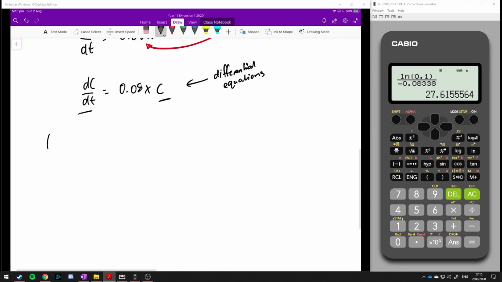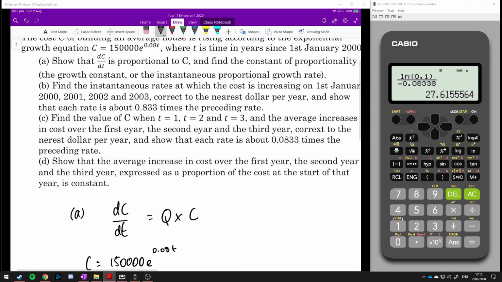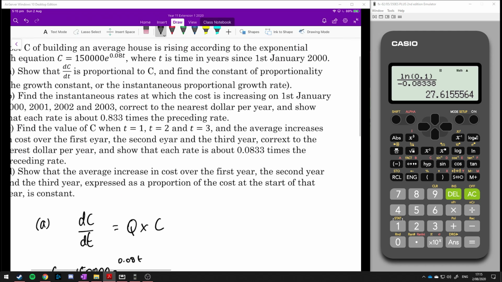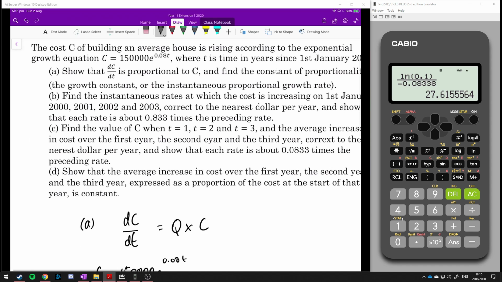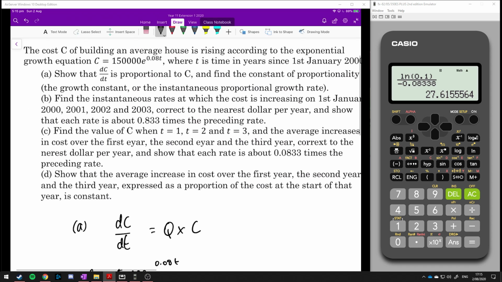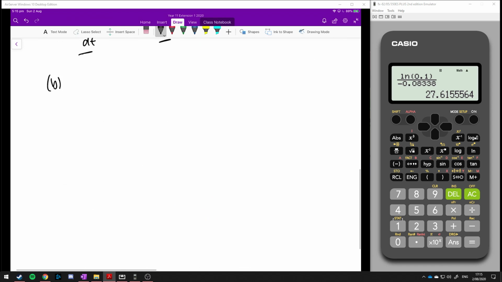Now, part B says, find the instantaneous rates at which the cost is increasing on the 1st of January 2000, 2001, 2002, 2003, correct to the nearest dollar per year, and show that each rate is about 0.833 times the preceding rate. So basically what this means is we're going to be substituting our values into our derivative, because we're after the instantaneous rates.